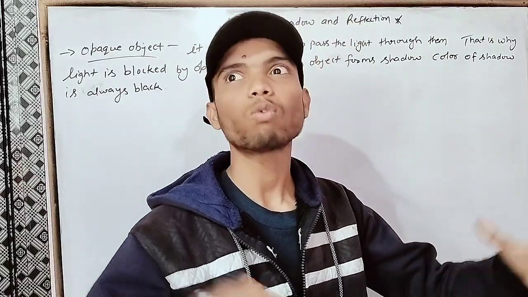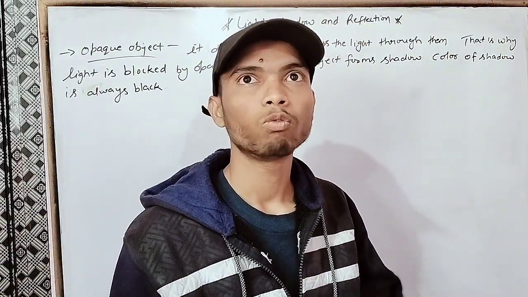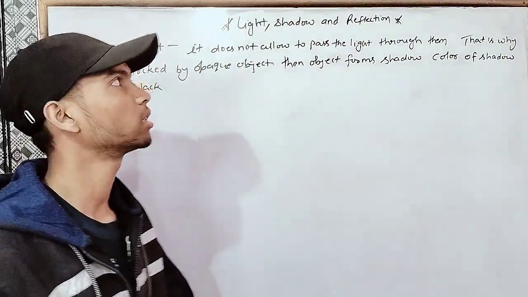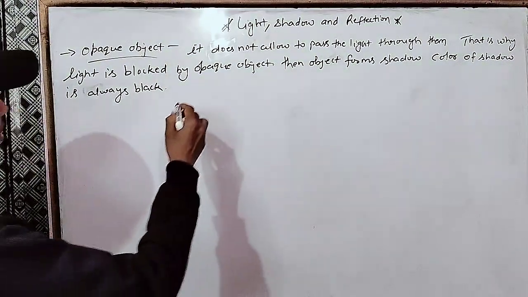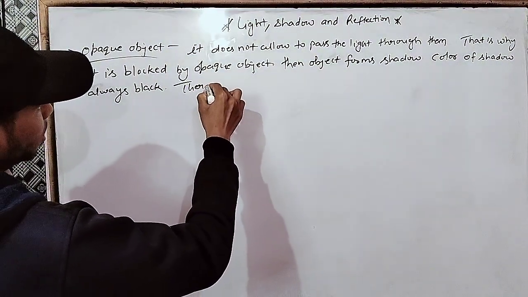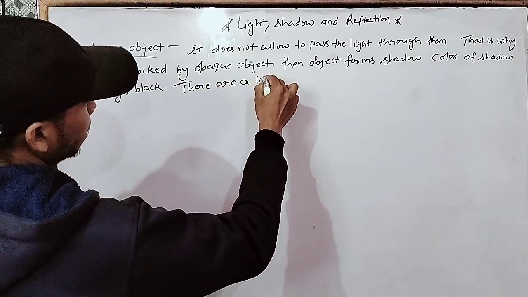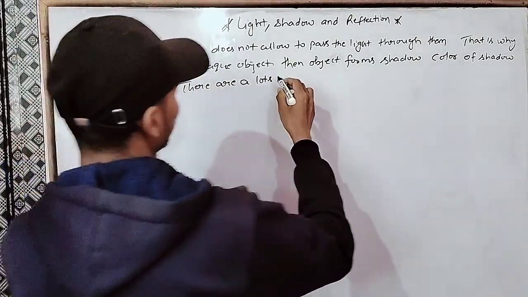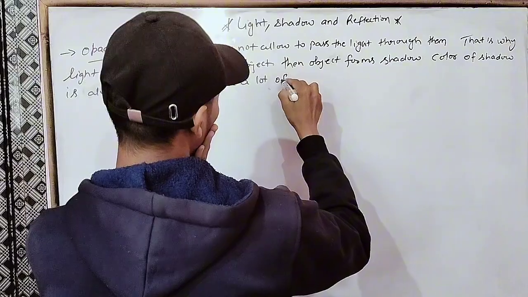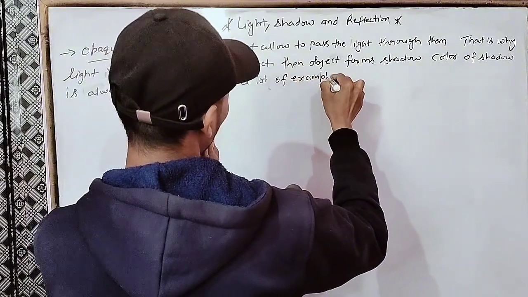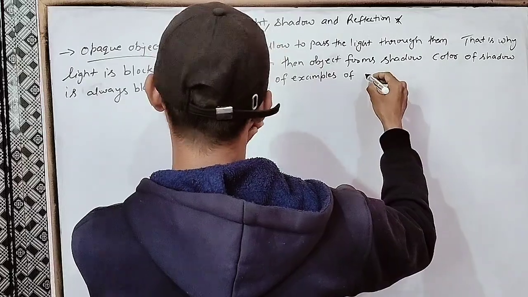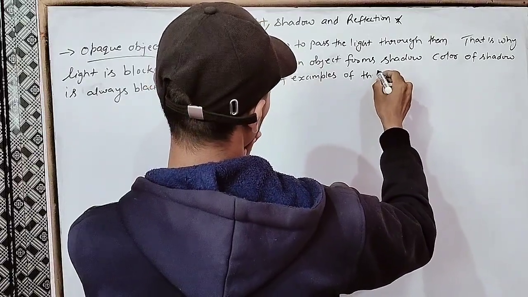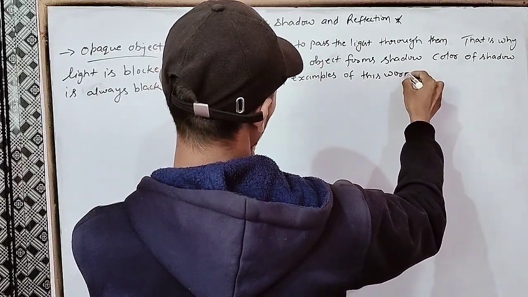So there are a lot of objects which are examples of opaque objects. Clear?